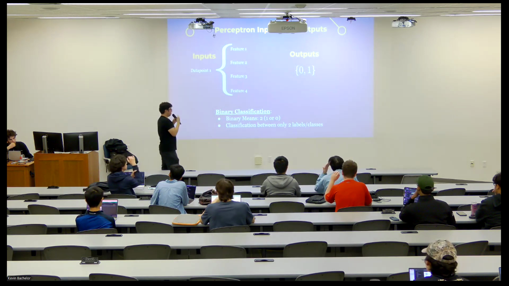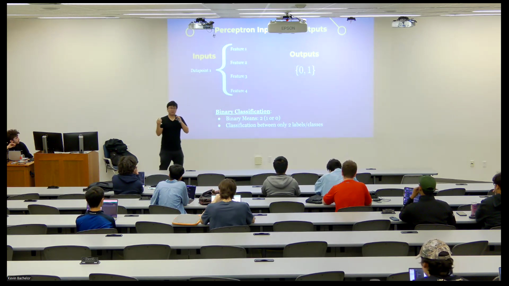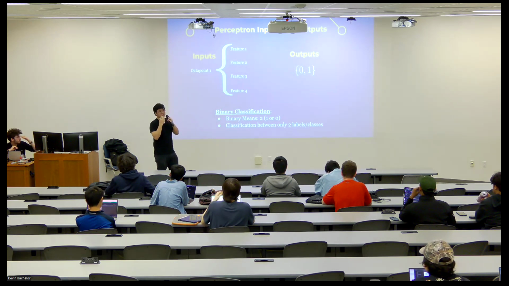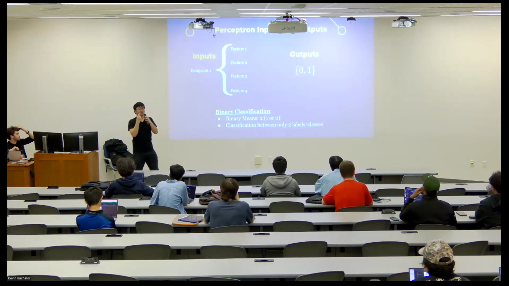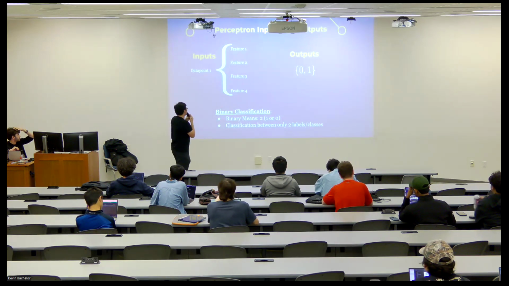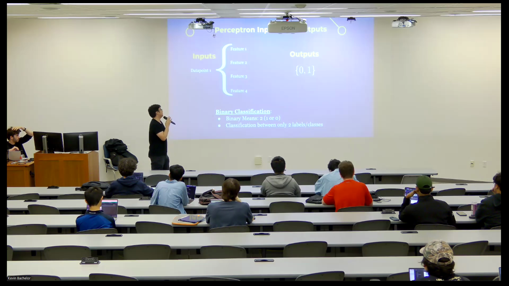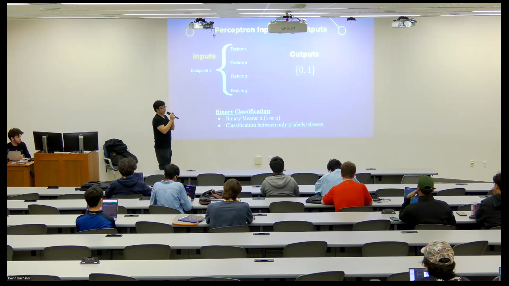It's a similar thing where we have data that has features. If it's a dog, for example, the features could be the ears, the nose, the eyes, any kind of features of a single data point. We put it in the perceptron, and it outputs a 0 or a 1.